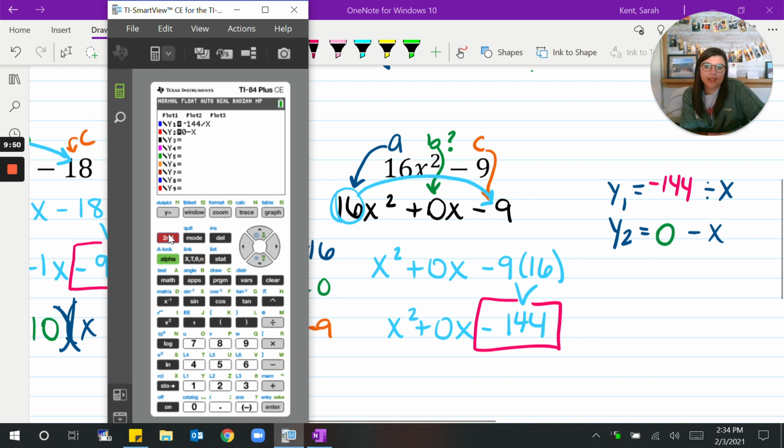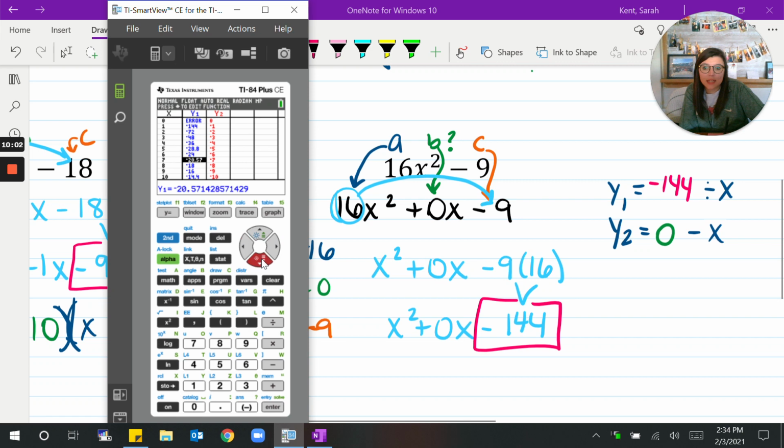Then we'll press second graph. And I'm looking for a match. I want my y's to be the same. So if I look, negative 24, negative 6, I'm going to keep going, negative 16, negative 9, negative 12, ooh, they match.